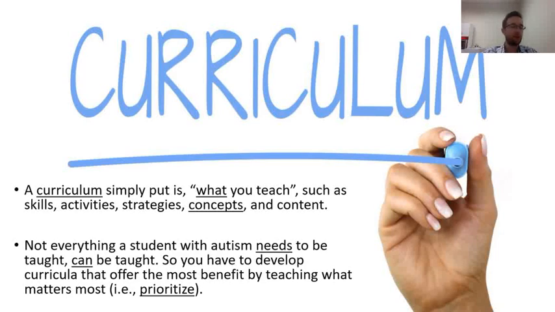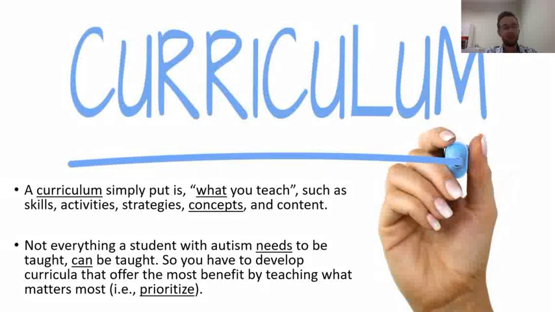Not everything a student with autism needs to be taught can be taught. Autism is a spectrum. You're going to have some students with autism for whom the majority of the things they learn need to be directly taught.